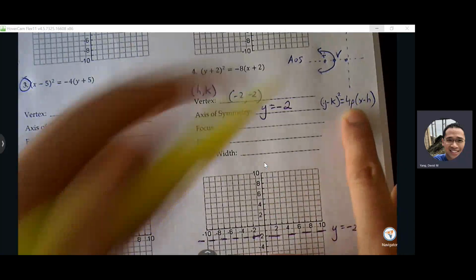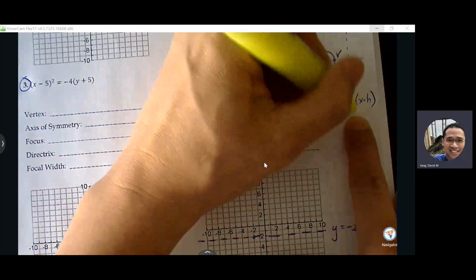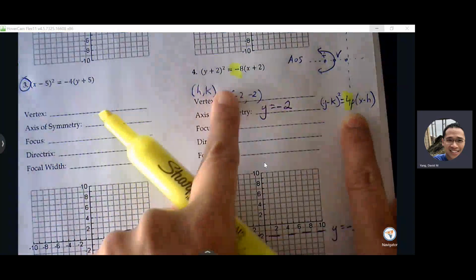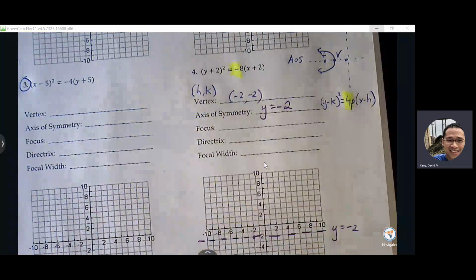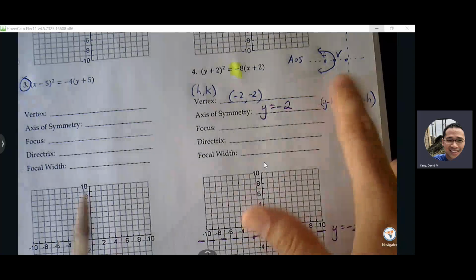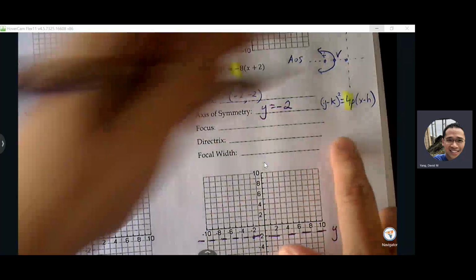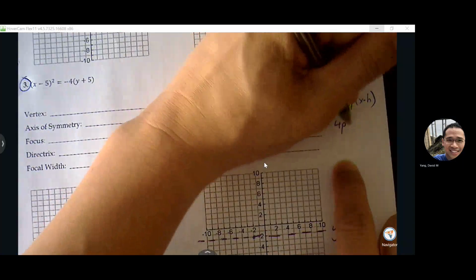So you know that this 4p is always going to be equivalent to this number that you see outside the parentheses. So we're always going to set these two equal to each other so that we can find our p-value. Once we find our p-value, then we know how far to move to get to these important points around the parabola. Okay, so we set 4p equal to -8.